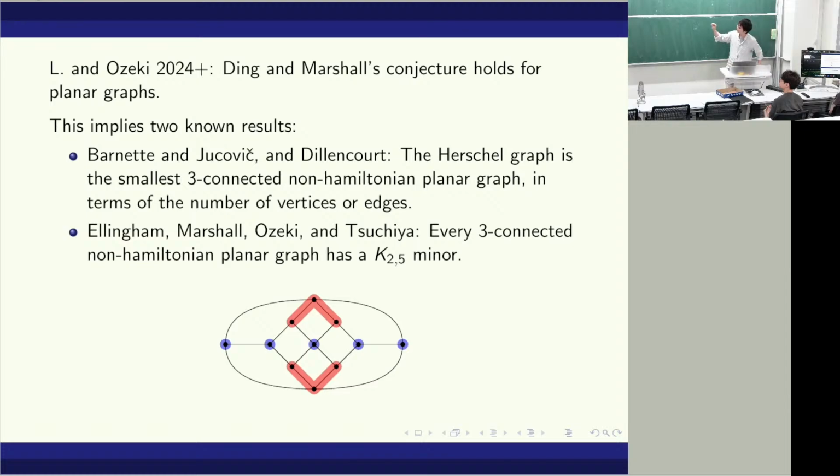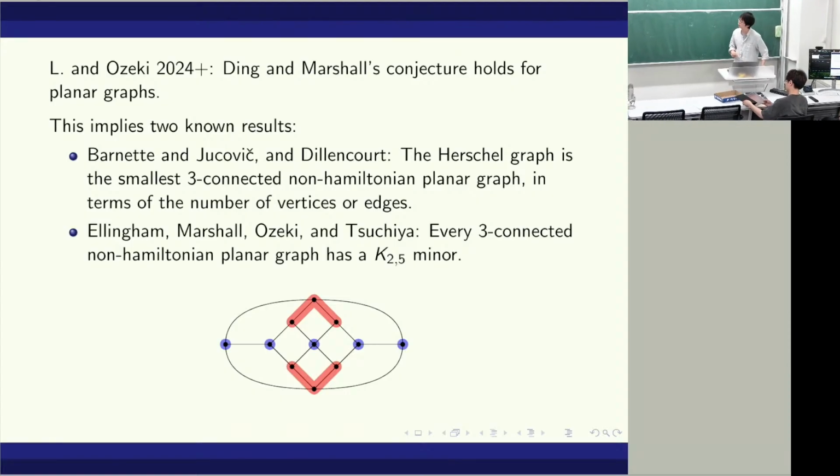Another consequence is that since the Herschel graph is the minor-minimal 3-connected non-Hamiltonian planar graph, it is also the smallest 3-connected non-Hamiltonian planar graph. And this result has been known for many decades.